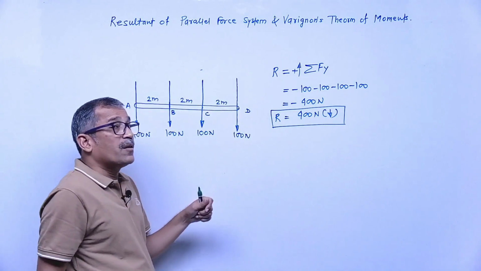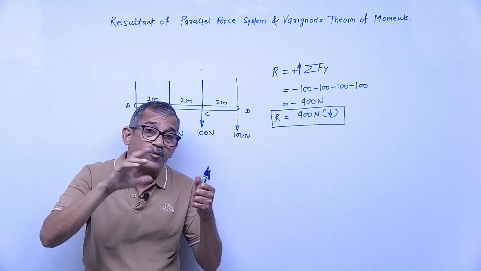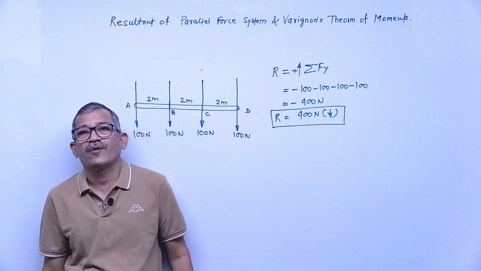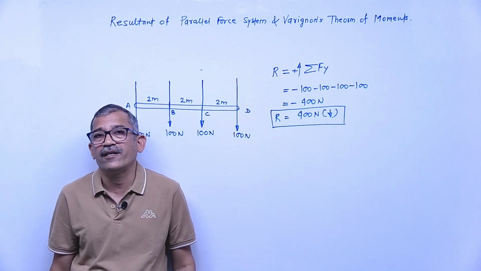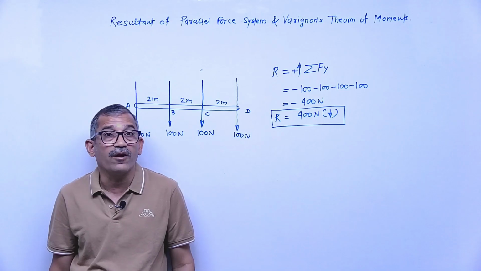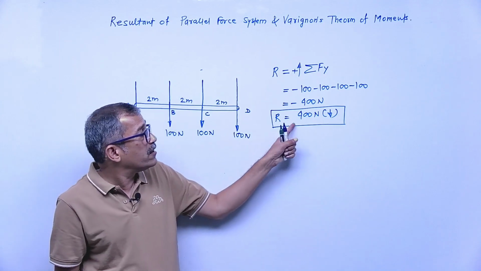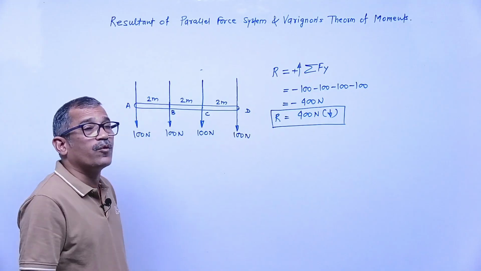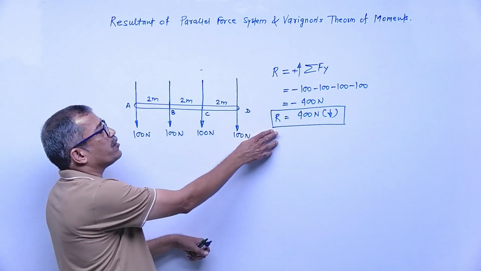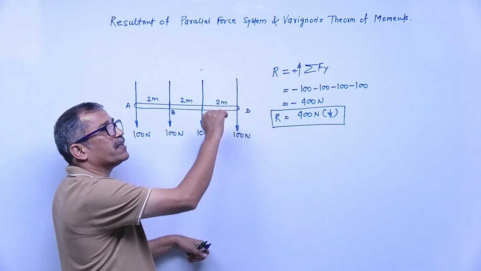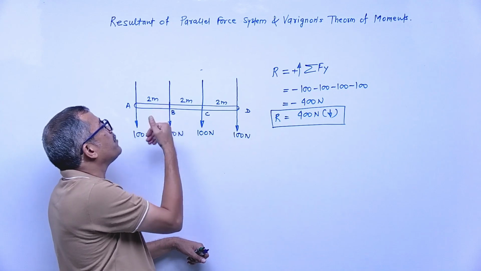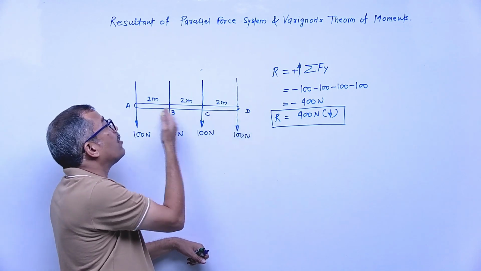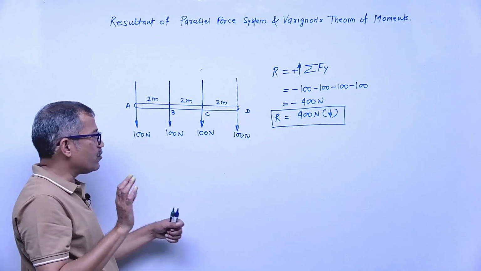In the concurrent case, all forces pass through a single point, so the resultant passes through the same point. That point is called the point of concurrence. Now, through what will this resultant pass? This is very important. Finding the magnitude and direction of the resultant is easy, but where does this resultant act? It may act at A, B, C or D, or in between these points; that we don't know.